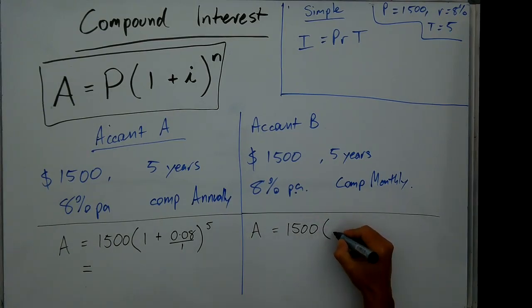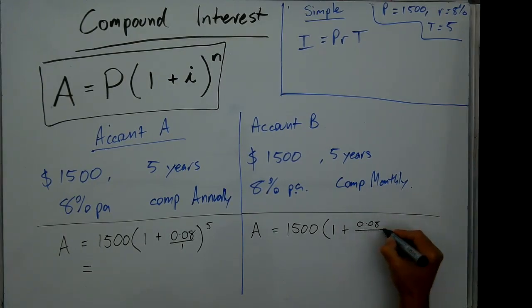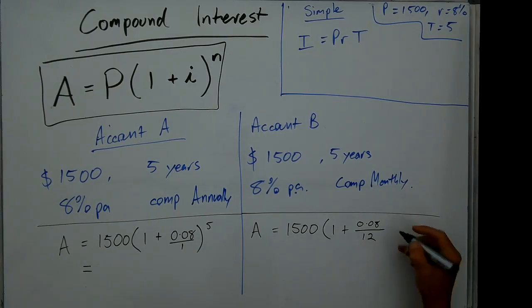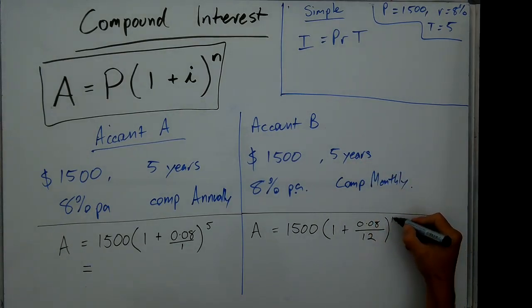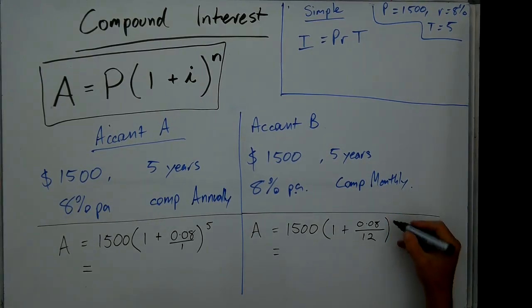1,500, 1 plus 0.08. So this one is over 12. So this number is different. And because it's 12 times per year for 5 years, n is going to be 12 lots of 5. That's 60. Okay, so actually let's just replace that with 60.